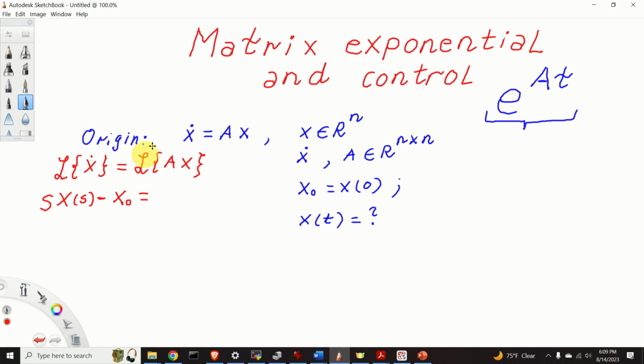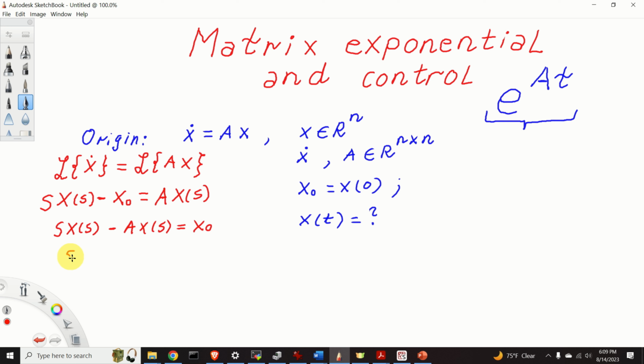Consequently, Laplace of A times x is simply A times Laplace of x, and Laplace of x is x of s. Let's rearrange this equation. From this equation, we obtain s x of s minus A x of s is equal to x0.